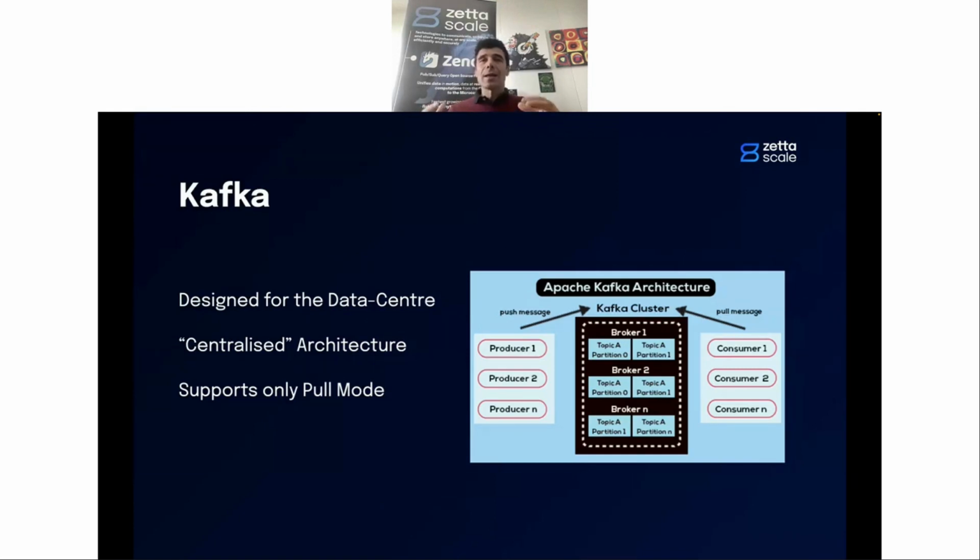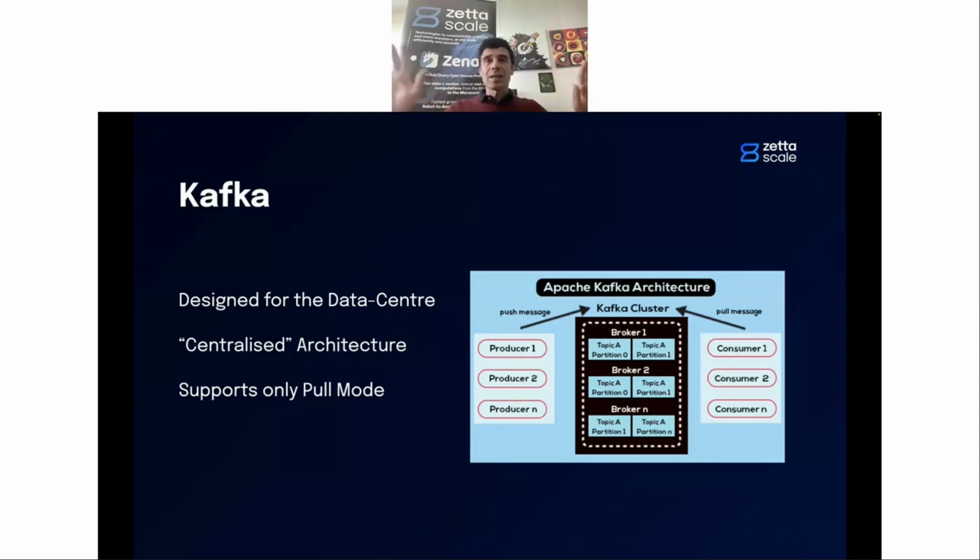So in a way, this has a hub and spokes, quote unquote, centralized architecture, centralized because this set of brokers has to be deployed in a data center, and we need to know where the data center is. And in this case, we only support pull mode.